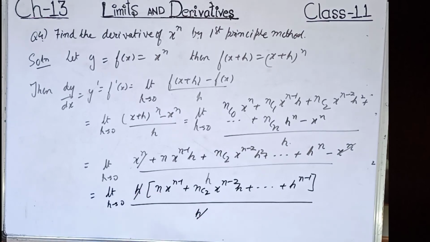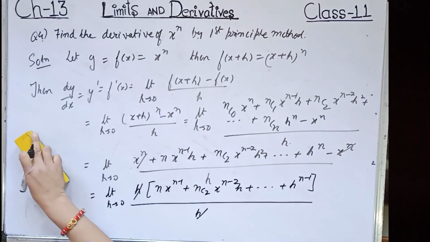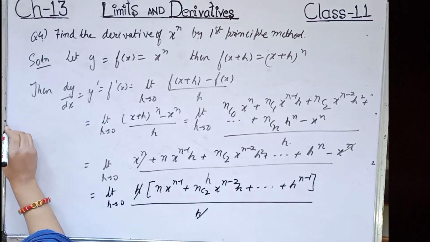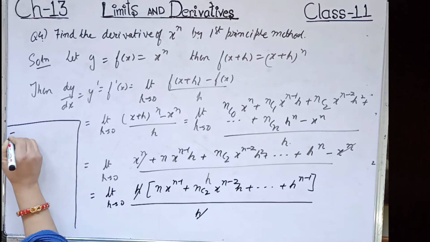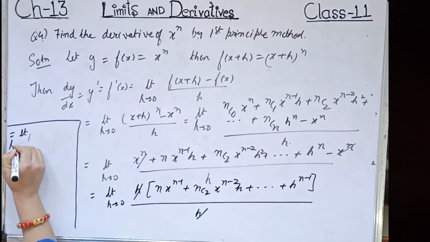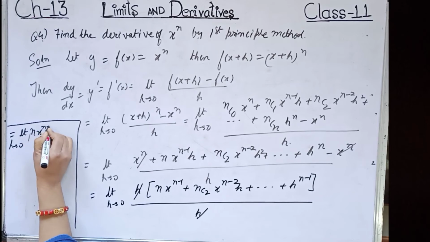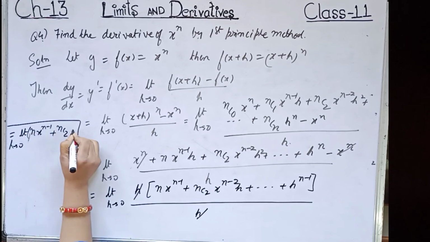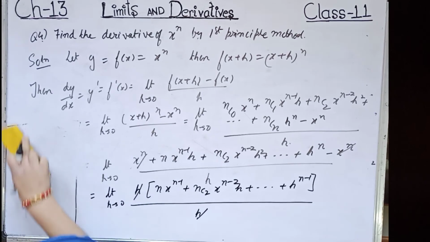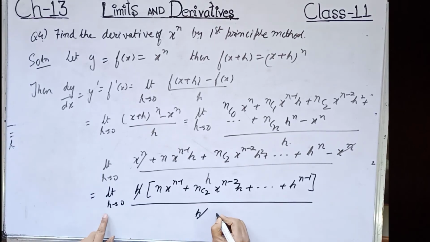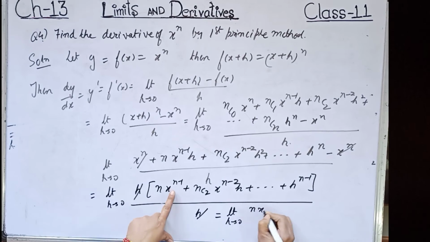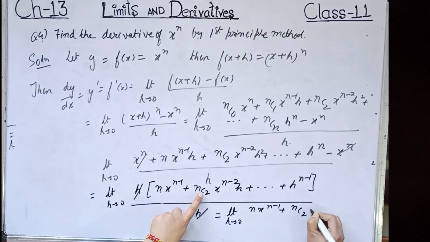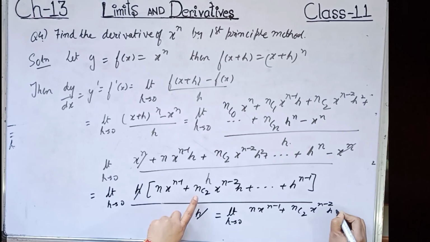So we are cancelling this h, so we are getting limit h tending to 0 of n x power n minus 1 plus nC2 x power n minus 2 into h plus up to so on h power n minus 1. Okay, this we have got.